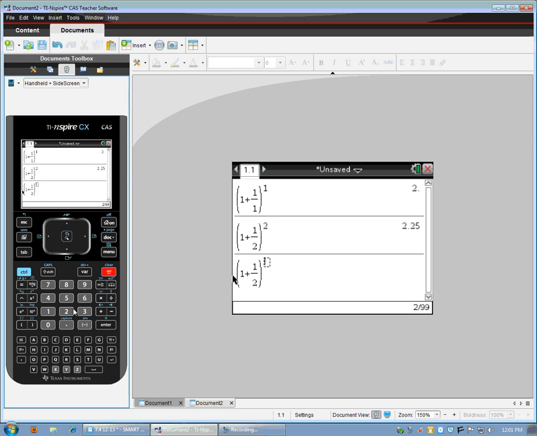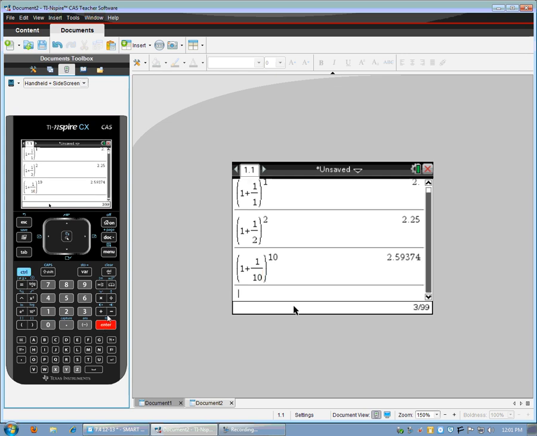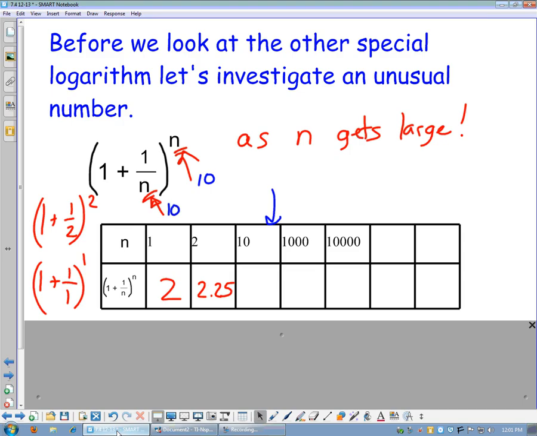I'm fixing the 2's and changing them to 10's. All right, we're saying what if n is 10? So I've got 1 plus 1 over 10 raised to the 10th. I'm getting 2.59 approximately. So let's fill in 2.59 in our table.